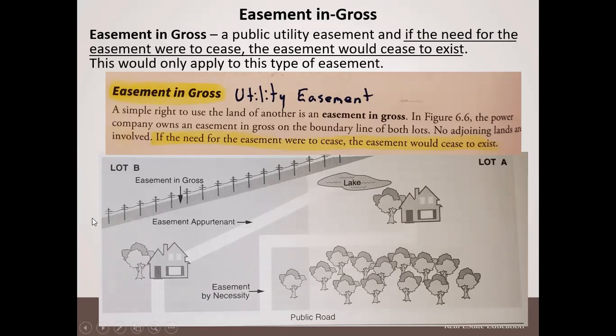Now, if they changed it so that the power lines ran a different way, or maybe they didn't need power lines anymore because they came up with some kind of new technology, then the need for that easement would no longer exist, and so those telephone poles would not have to be there anymore.